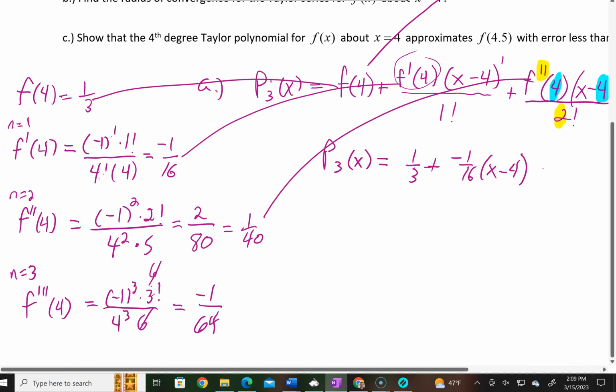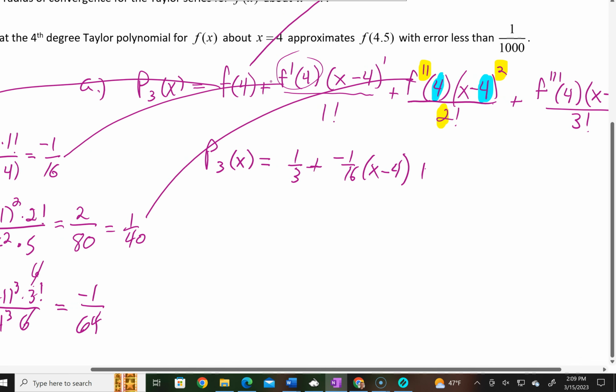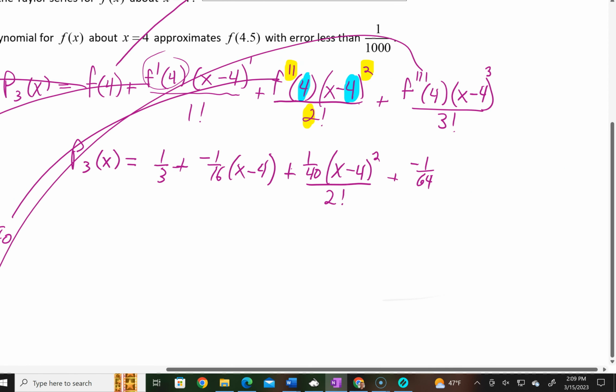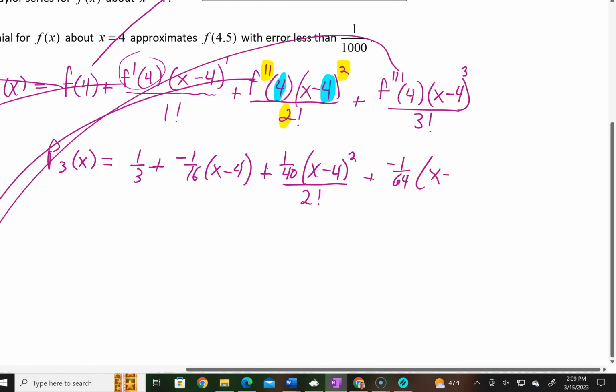F double prime right here, you could say, well, that's 1 over 40. And you'd have your x minus 4 to the second all over a 2 factorial. And your third derivative, well, that was negative 1 over 64. And we'd have x minus 4 to the third all over a 3 factorial.